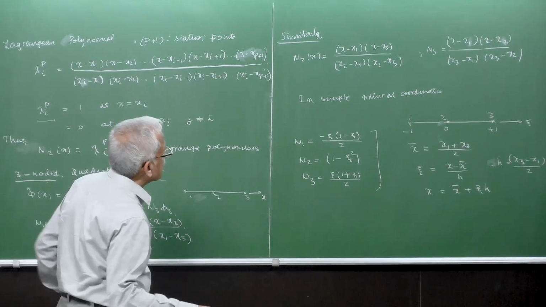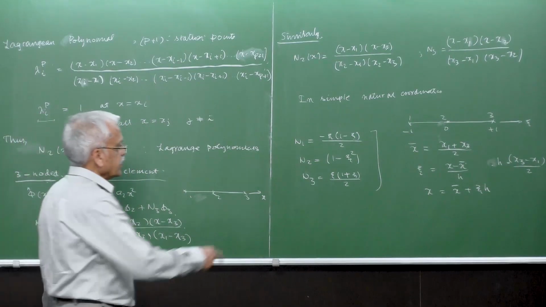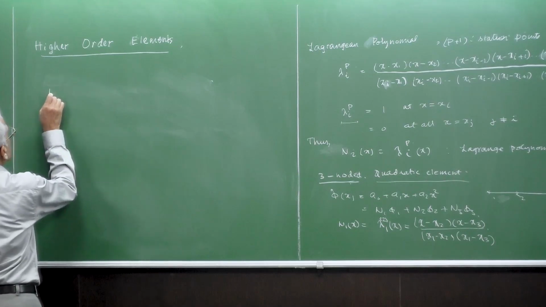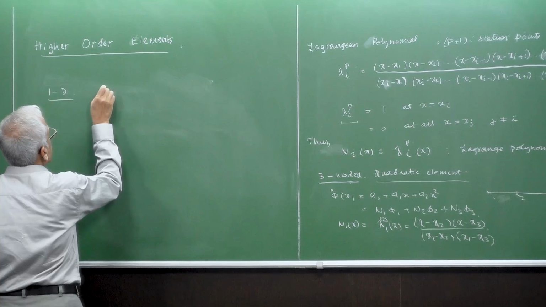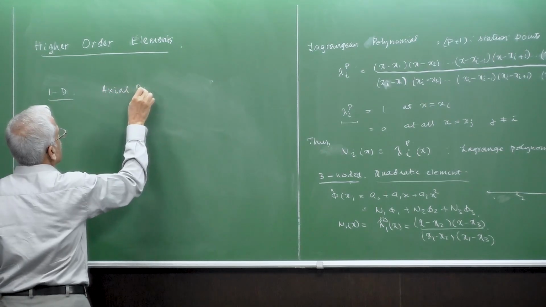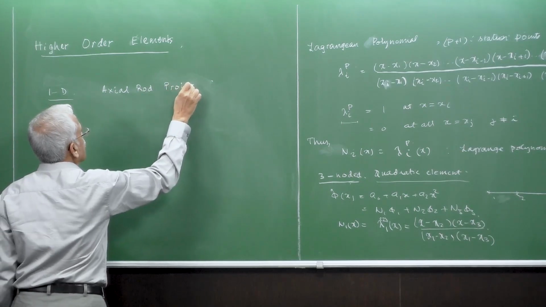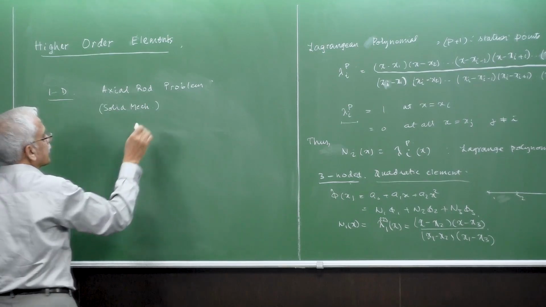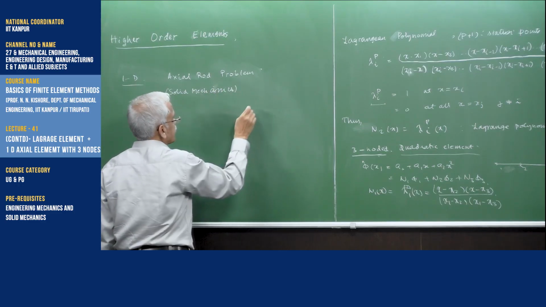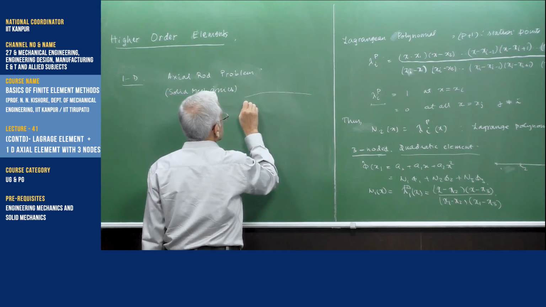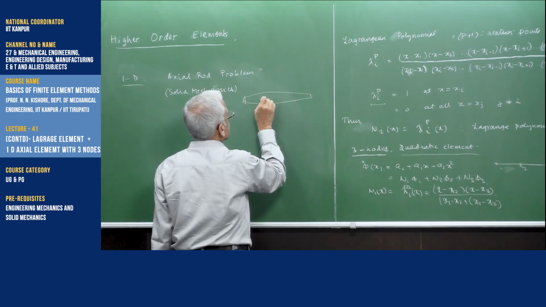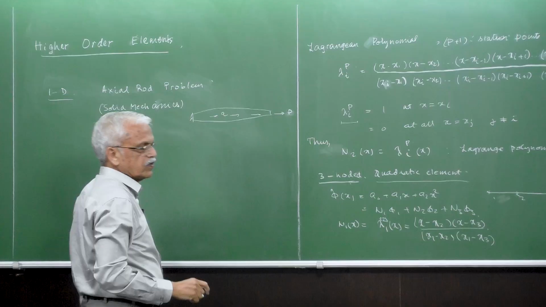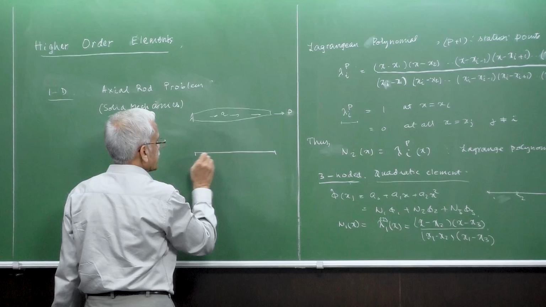So this is how the 3-noded quadratic element can be developed, in terms of xi. So as an example, if you want to derive a one-dimensional solid mechanics, axial rod problem, this is a one-dimensional thing, and then you can write it in one dimension.